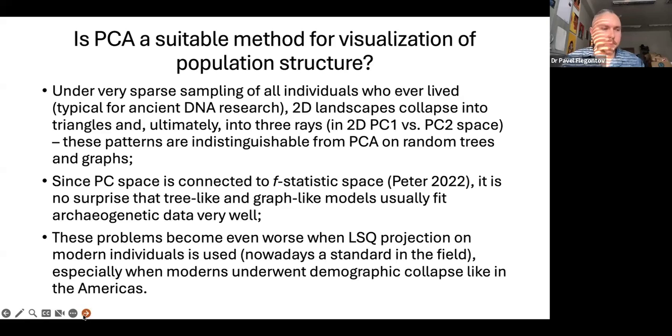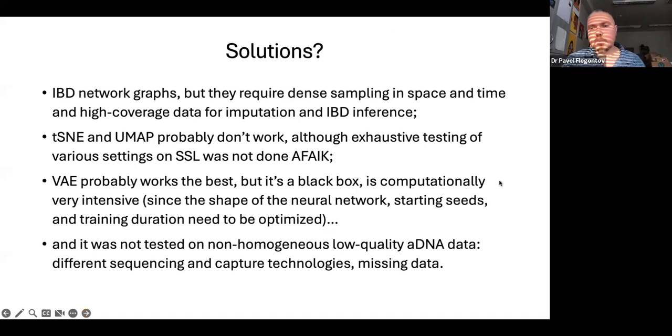That's why in many papers on archaeogenetics of the Americas, people don't show PCA at all, or show very specific kinds of PCA, because it's a well-known fact that PCA doesn't work well for American humans. If we project on moderns, that's a very poor representation of Americans because of genocide and disease and so on.